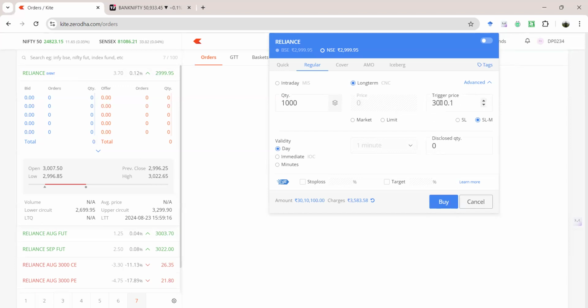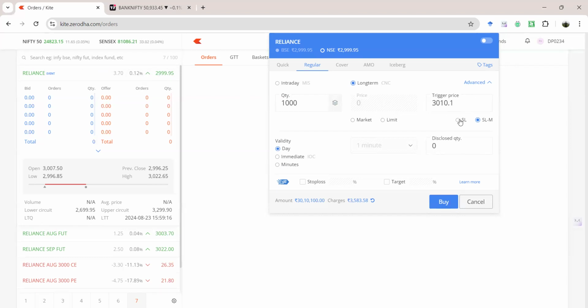It can get executed at 3010 rupees 10 paise if there is enough liquidity, or it can go on up to 3011, 3012, 3015, whatever the orders placed. Adequate quantities are placed higher above this. Till that time, our order will get executed and we will get a complete fill with stop loss market order.